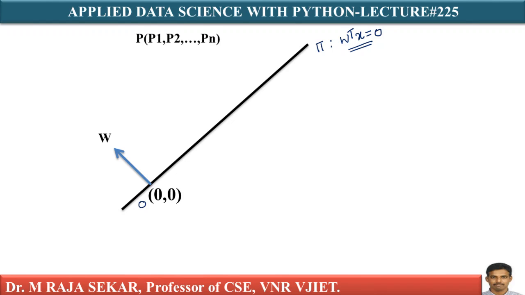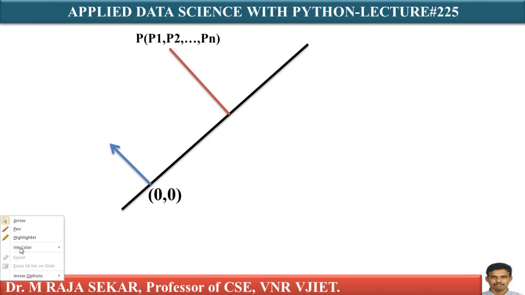Now, my intention is to find the perpendicular distance or shortest distance of this particular point P to this plane. Shortest distance means it must be a perpendicular distance. This one is my pi, which passes through the origin, that is W transpose x equals 0.